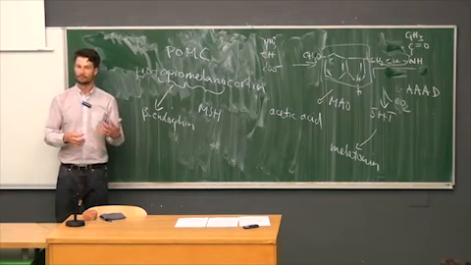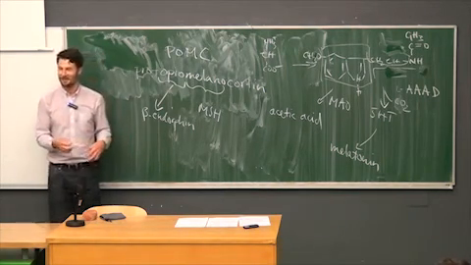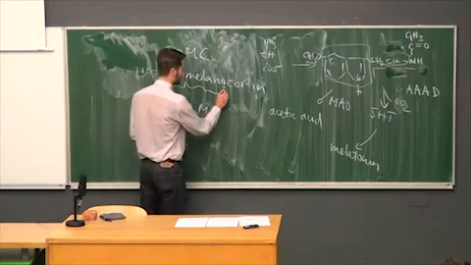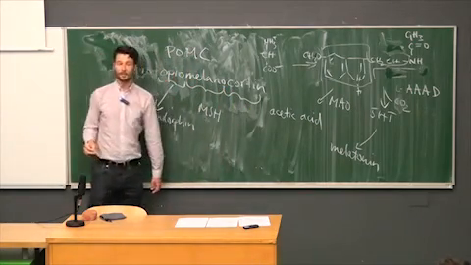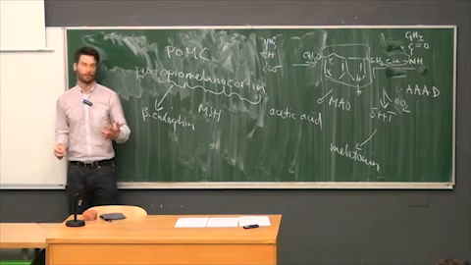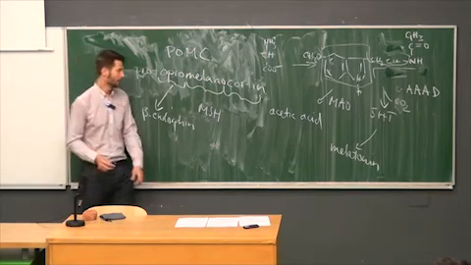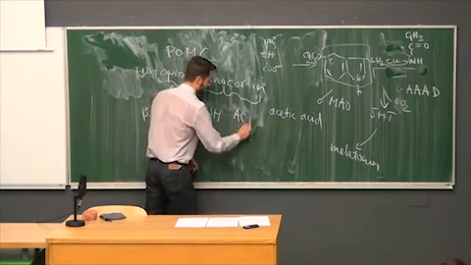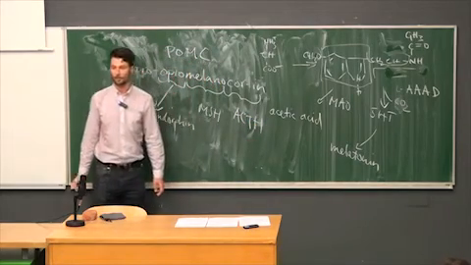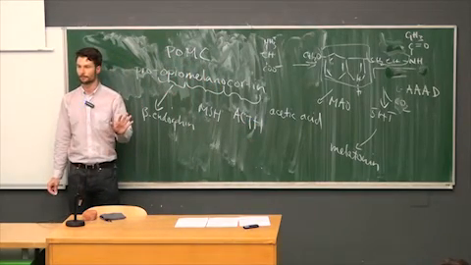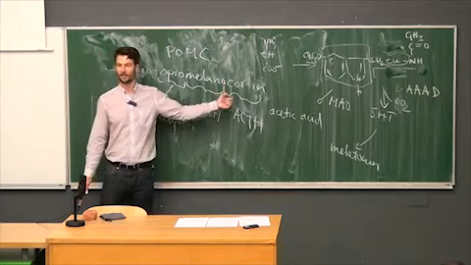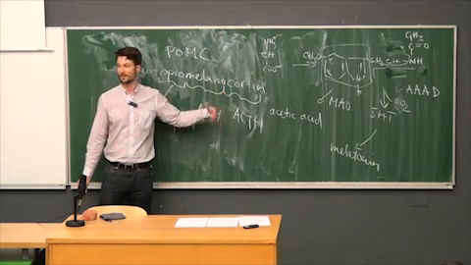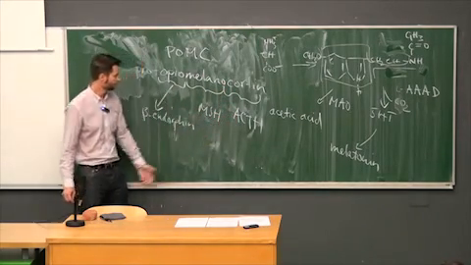Okay? And another bit that can be formed from pro-opiomelanocortin is the adrenocorticotropic hormone, which you've heard about. So that's the cortin. Okay, it's adrenocorticotropic hormone.